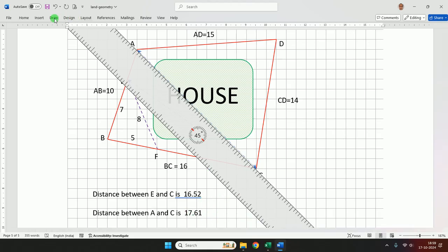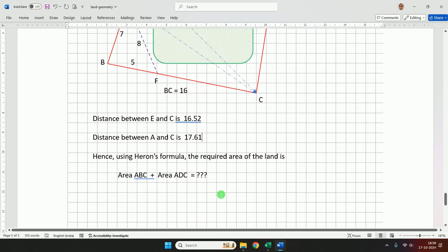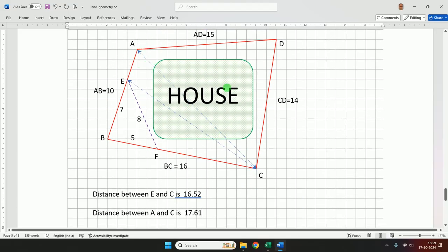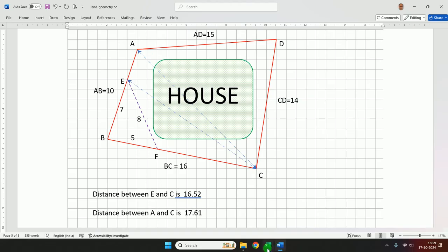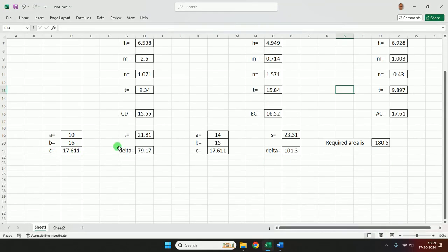So I forget the ruler now. This calculation is correct. So this is 17.61. And now once we know the diagonal, even though the building is present, without using a measuring tape, we have calculated the distance between A and C. That is one of the diagonals. And this Excel calculator calculates the area also.